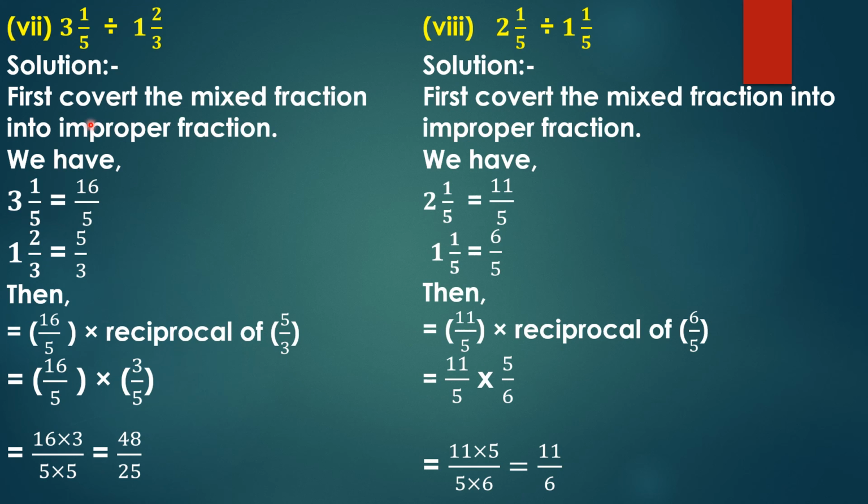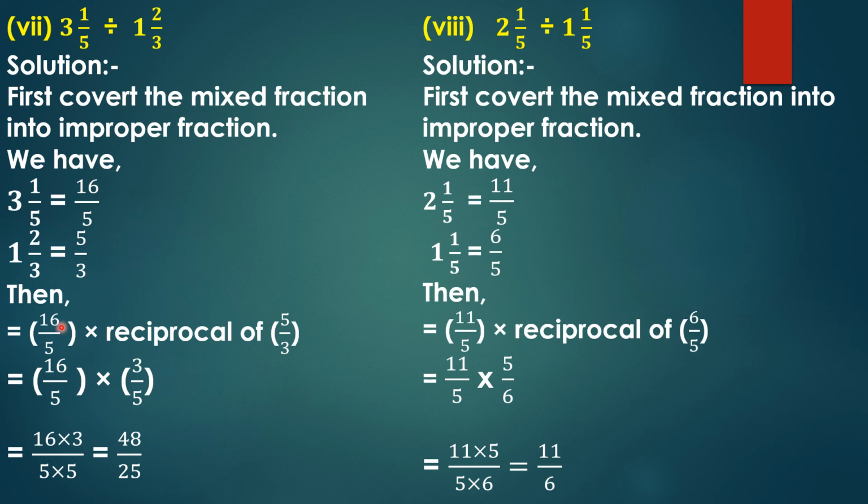Now the next question is 3 1 by 5 divided by 1 2 by 3. Here we have two mixed fractions. So first let us convert each of the mixed fractions into improper fractions one by one. Take 3 1 by 5, which is equal to 16 by 5, because 5 3s are 15, 15 plus 1 is 16, 16 by 5. Next 1 2 by 3 equals 5 by 3.